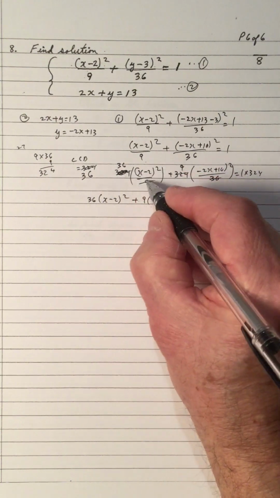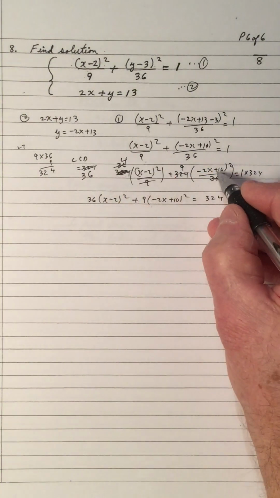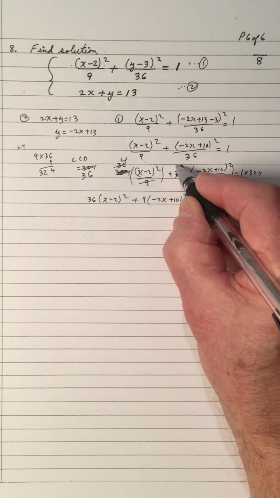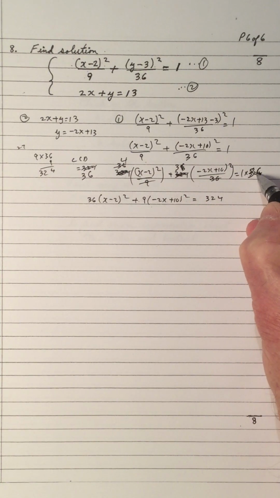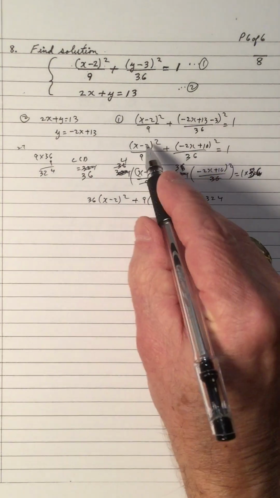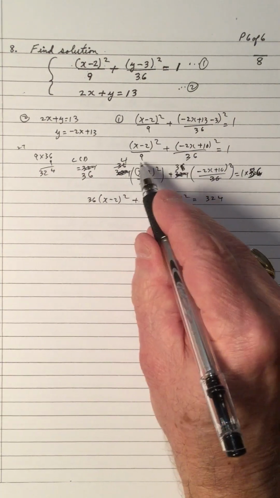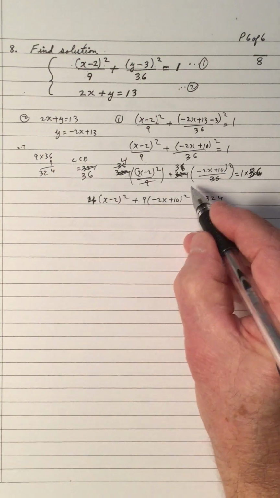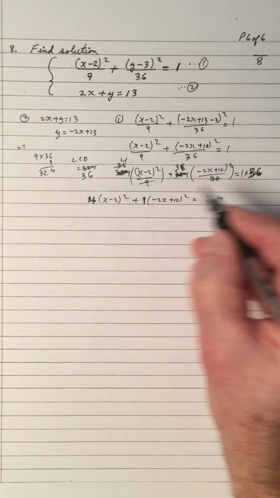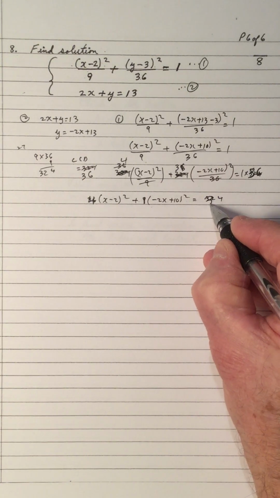Now, let's take 36 into... that was not smart of me. I just jumped the gun there for a second. I just said 9 times the product, but it's easier when I take 36. So this is a 4, and this is a 1, and this is a 36.